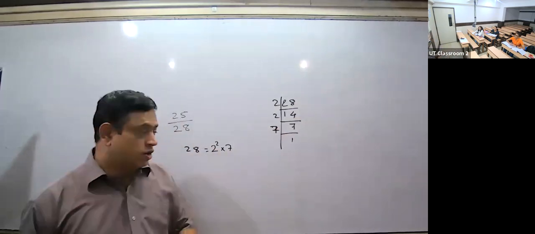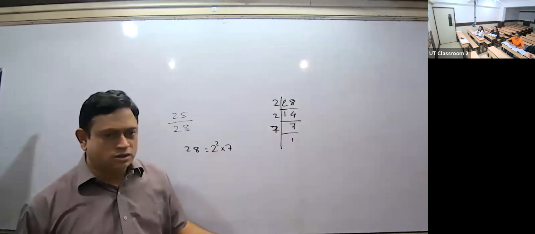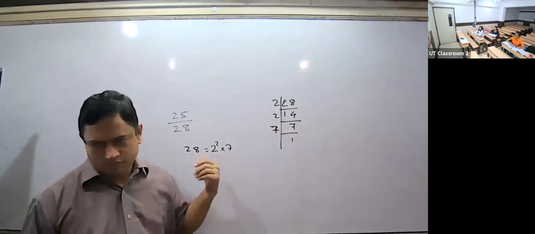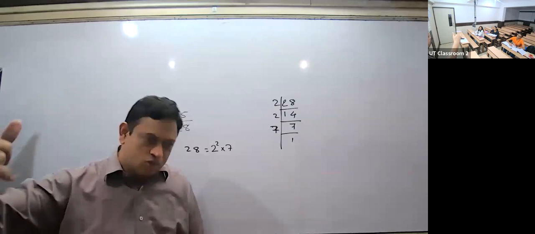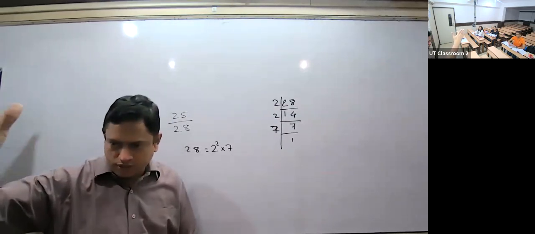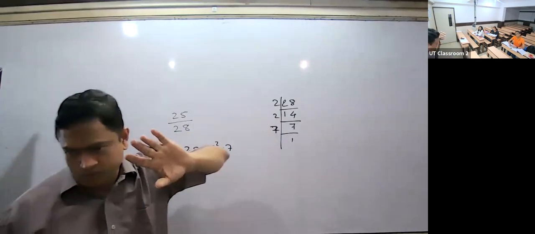Now, the prime factors of 28 are 2 and 7. The factors of 28 are 1, 2, 4, 7, 14, and 28. The prime factors are 2 and 7.